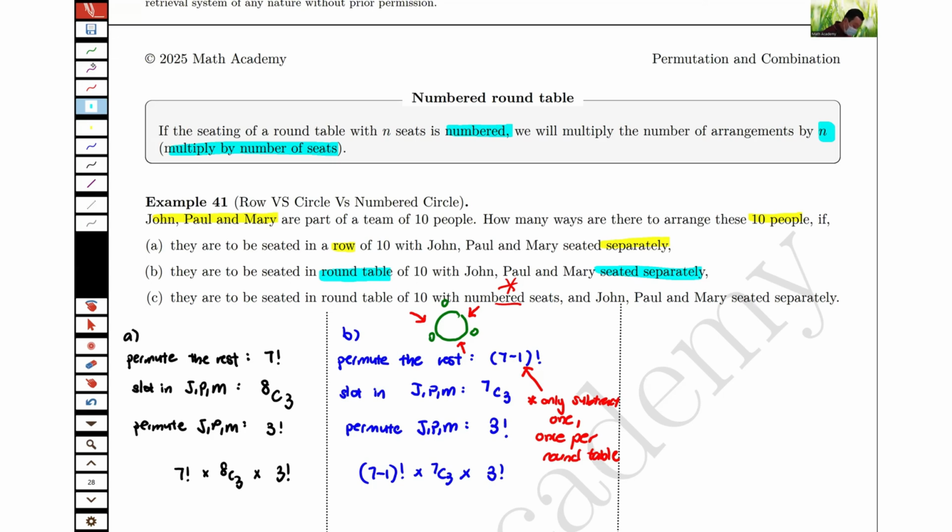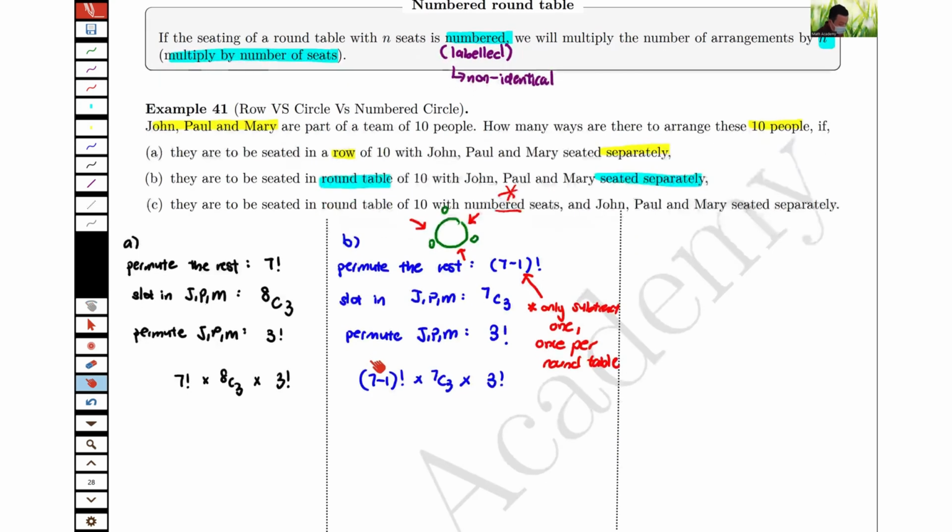Okay, but it's not just about numbering. The important thing is, this is about labeling. It's a labeled chair. So the chairs are non-identical. Every chair is different. That's why when you rotate the people, it is a different chair for each person. So let's finish up. How does that translate to a solution for the problem?